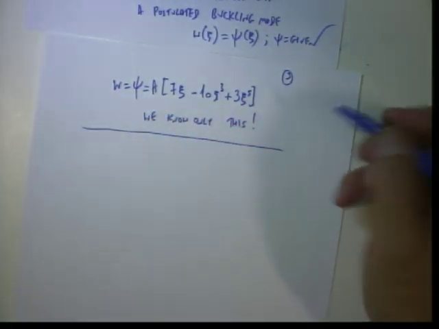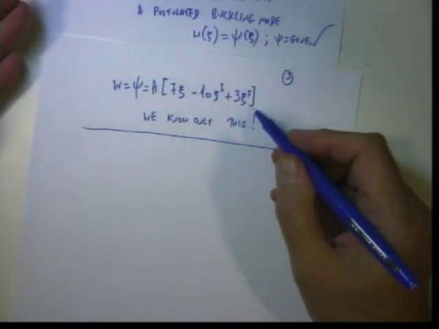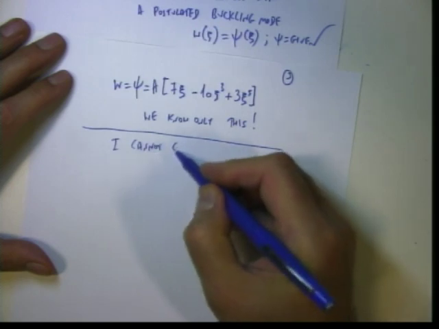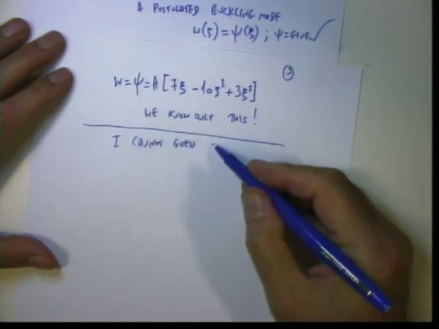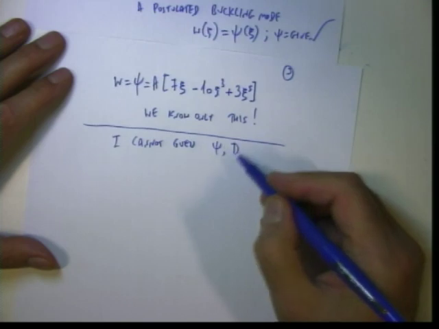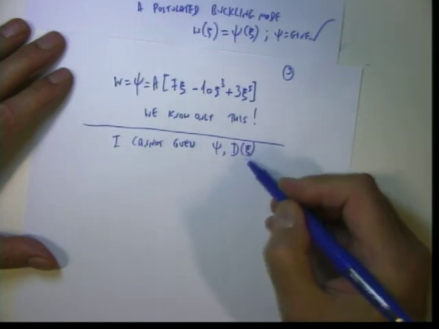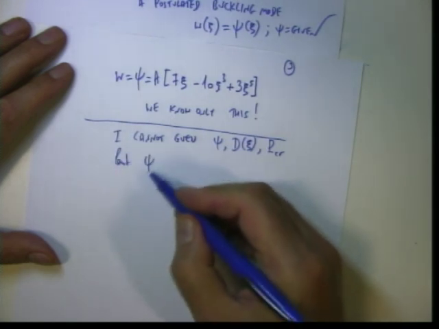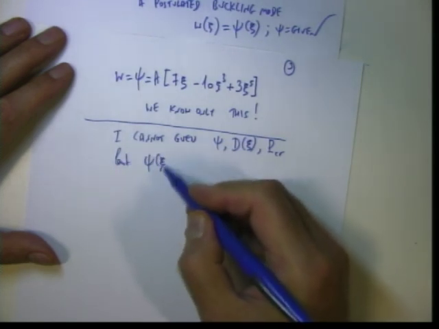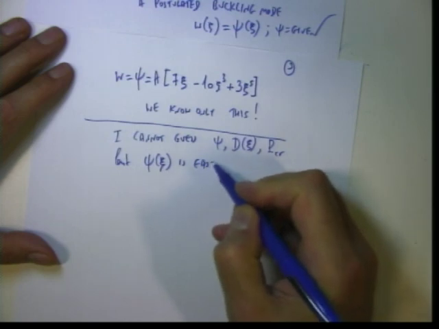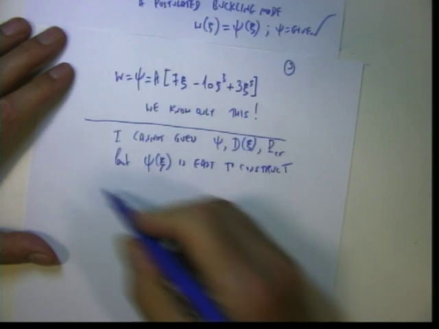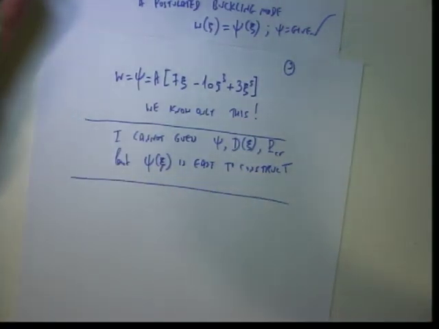I cannot guess three things, but phi I can guess. I cannot usually guess phi and D of psi and P critical, but phi of psi is easy to construct. Yes, it should satisfy only boundary conditions, so it's a trivial task for us.